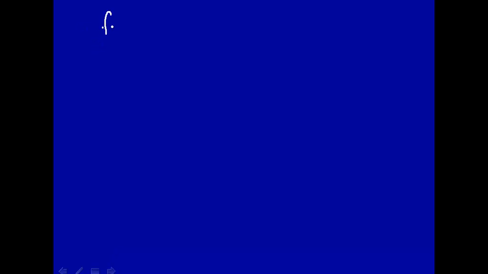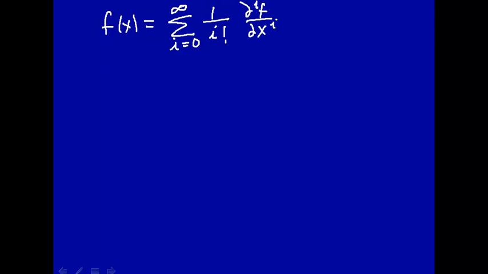Just to refresh our collective memory, a function of x can be expressed as the sum for i equals 0 to infinity of 1 over i factorial, the ith derivative of f with respect to x, evaluated at the point x equals x0, times x minus x0 raised to the ith power.